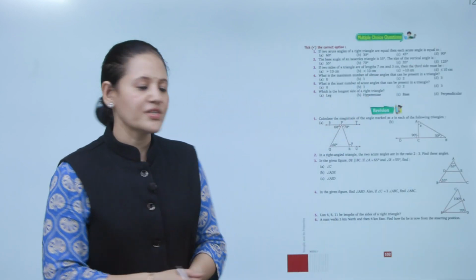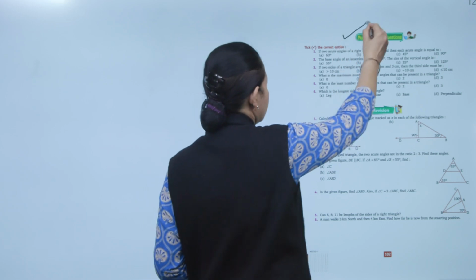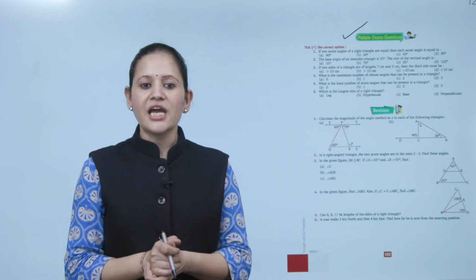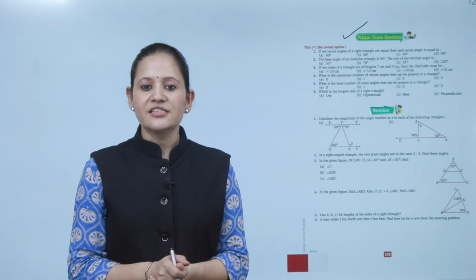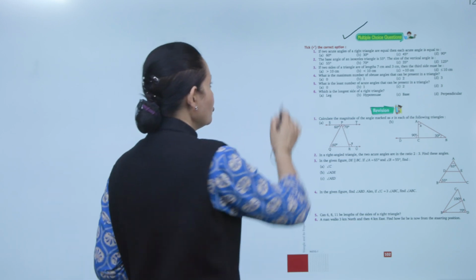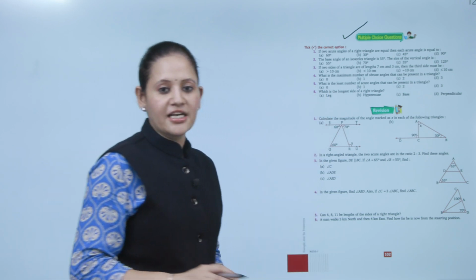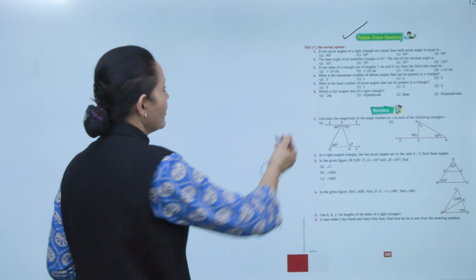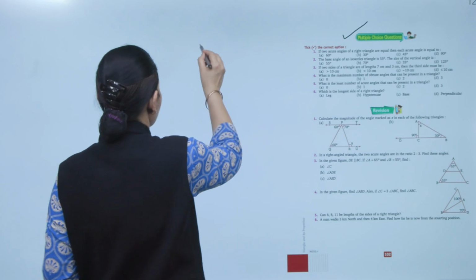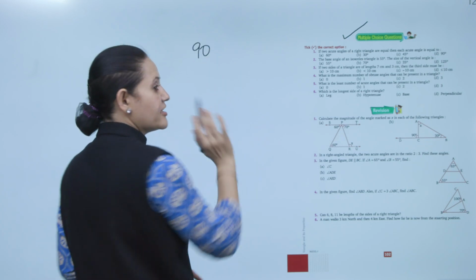Next is multiple choice questions. Tick the correct option. If two acute angles of a right triangle are equal, then each acute angle is equal to? Right triangle means one angle is 90 degrees and the other two are equal.